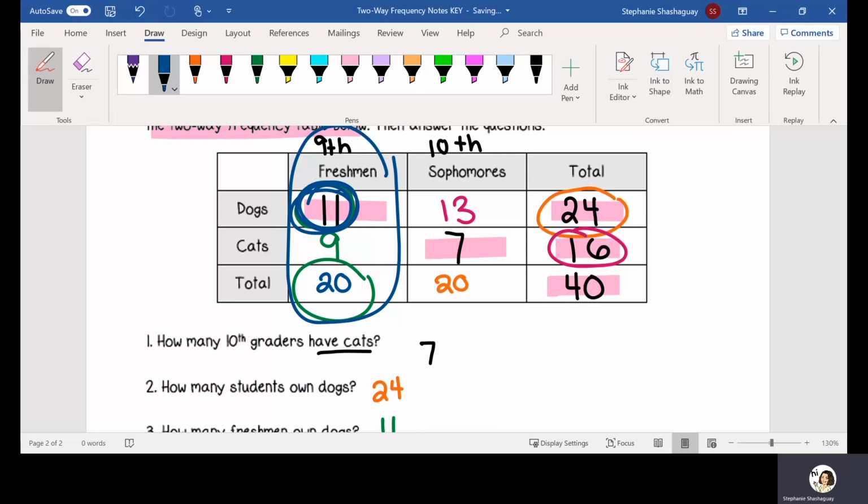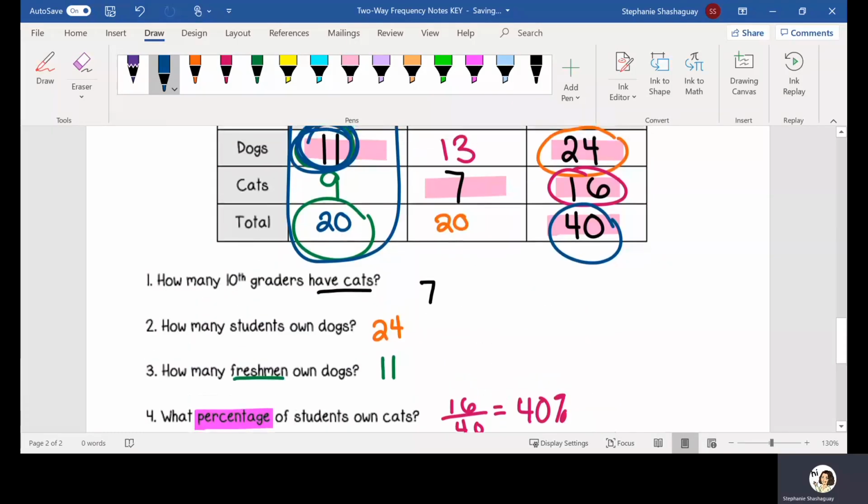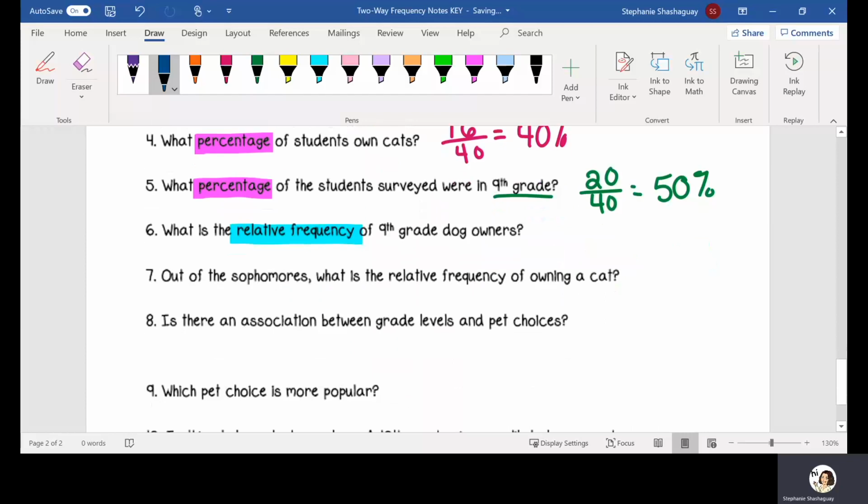And because we're talking about a relative frequency, we are going to compare it to this total number of students surveyed. So that's going to be 11 out of 40. It can be left just as that, because remember, a relative frequency can be listed as a fraction, a decimal, or a percentage.